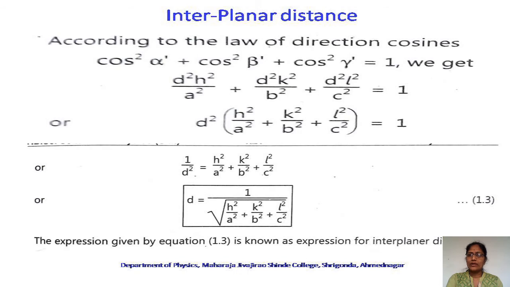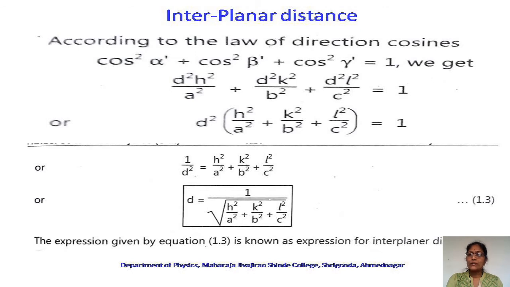This you will get after taking square root on both sides. You will get the value of d, that is interplanar distance, because in case of various crystal systems, a, b, c will not be the same.